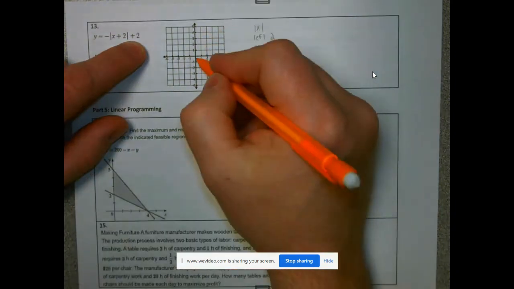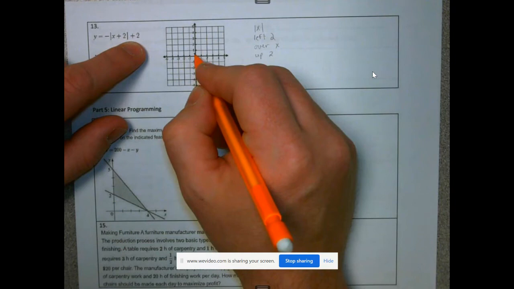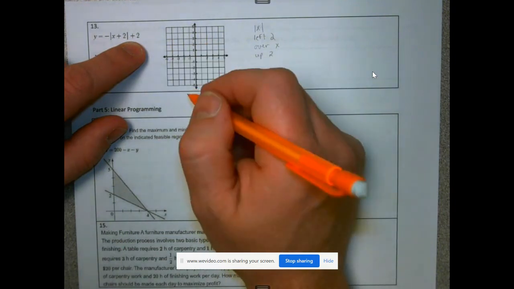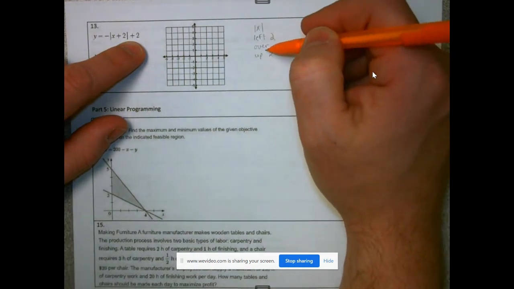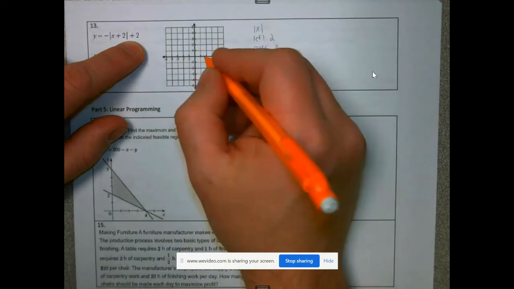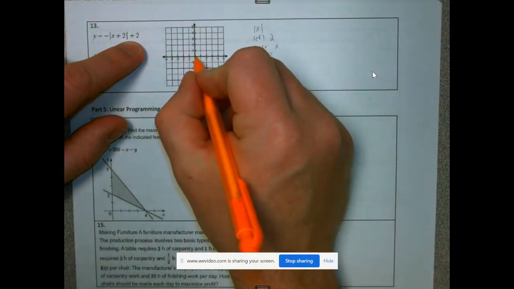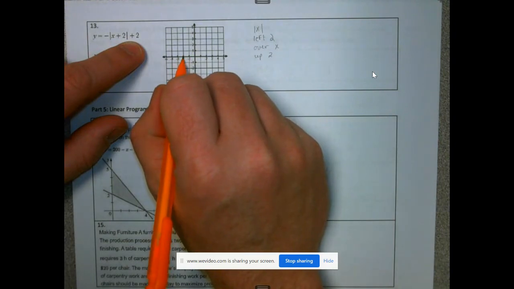Okay, so remember the absolute value starts at 0, 0 and kind of goes up and to the right and up and to the left. It's that V. Okay, I didn't stretch or shrink anything, so it's still going to have a slope of 1 and -1 on both sides. So we went left 2, over the x, which that doesn't happen, and then up 2.